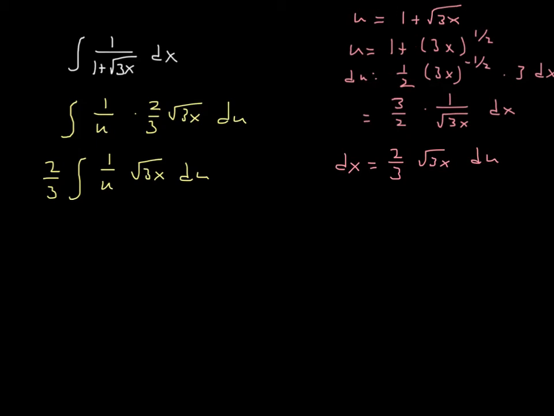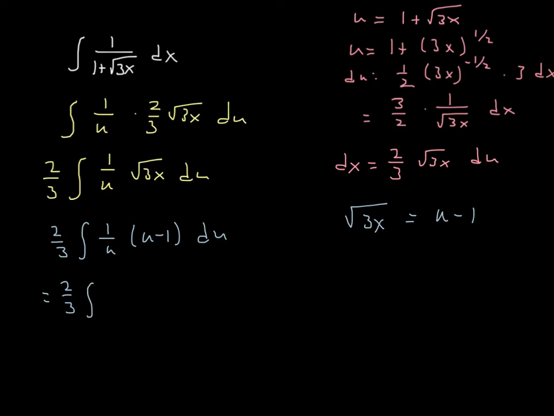Because from that, I can say that the square root of 3x is equal to u minus 1. And so, this problem now will become 2/3 times the integral of 1 over u times u minus 1 du, which equals 2/3 times the integral.